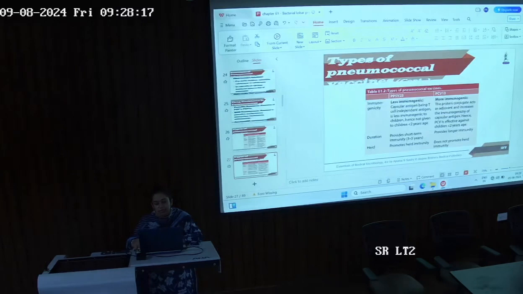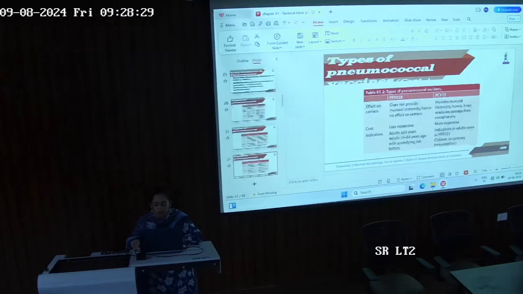Hence, Prevnar 13 is effective in children less than 2 years of age. It is included in our schedule. Pneumovax provides short-term immunity. However, Prevnar 13 provides longer immunity. Prevnar 13 is more expensive. Pneumovax is less expensive.